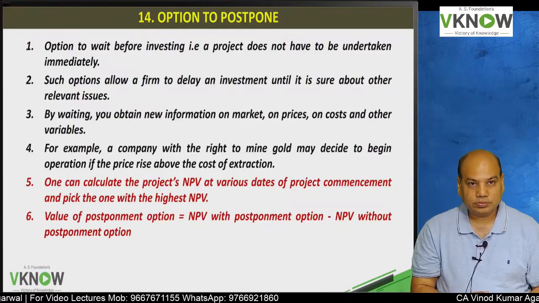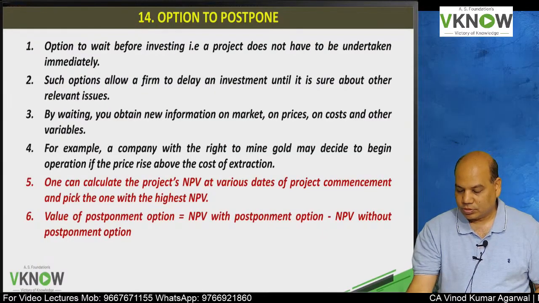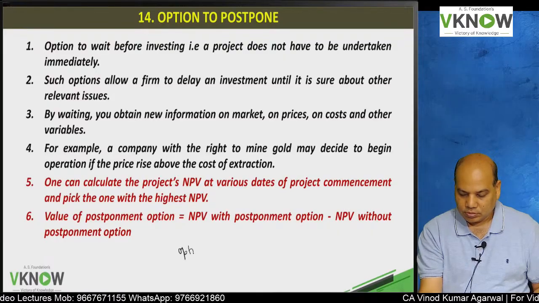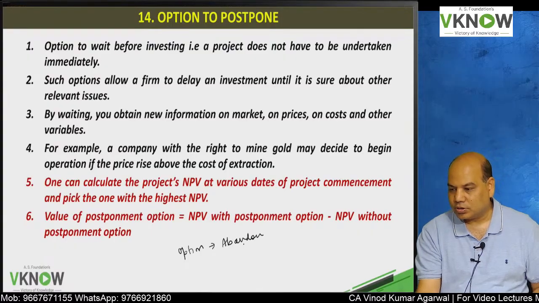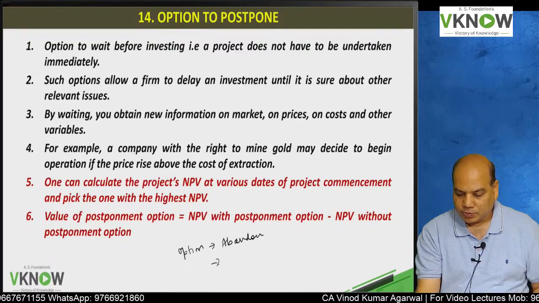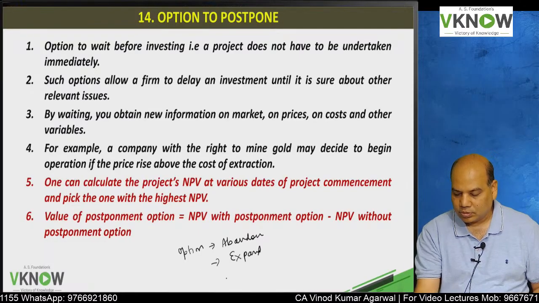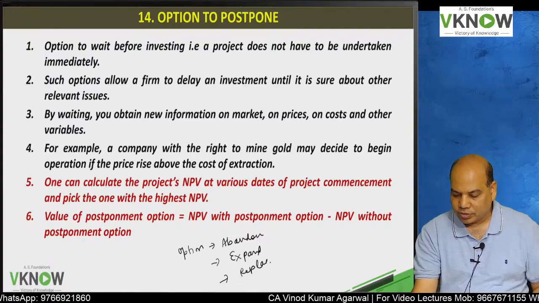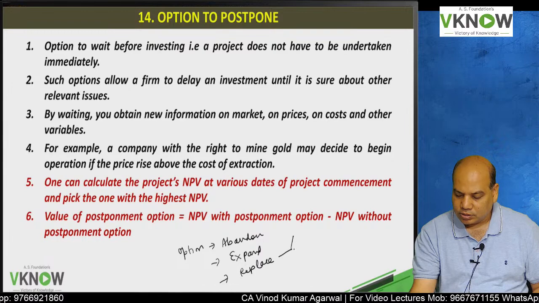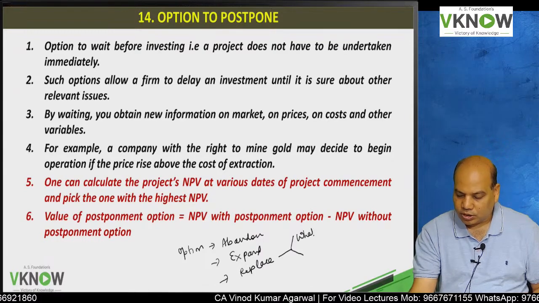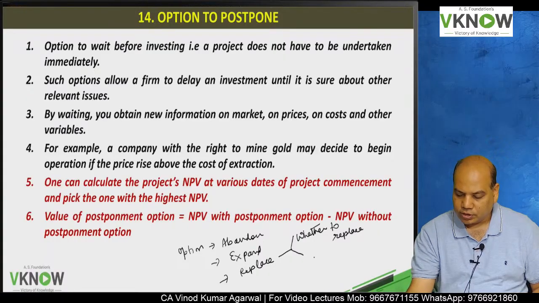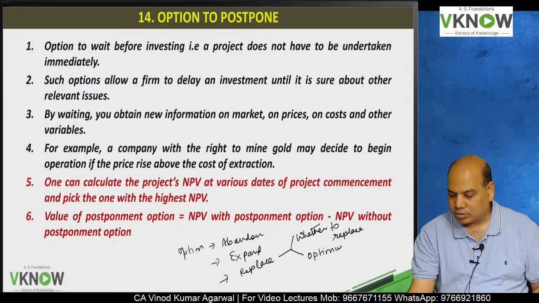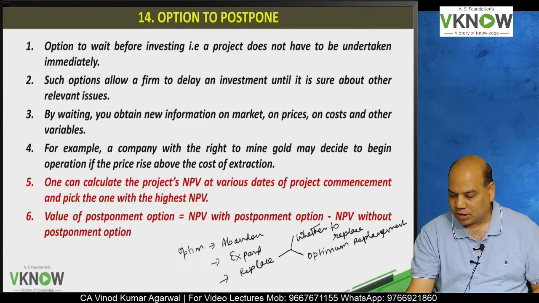So this was about option to replace. We have discussed option to abandon, and option to expand. Our topic is right now real options in capital budgeting. Under option to replace, we have covered 2 topics: whether to replace the old asset or not, and when to replace, the optimum replacement cycle.